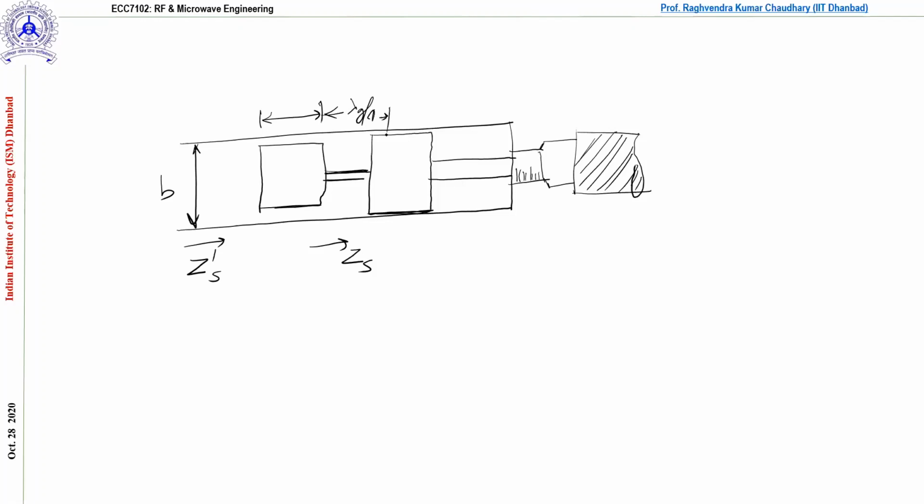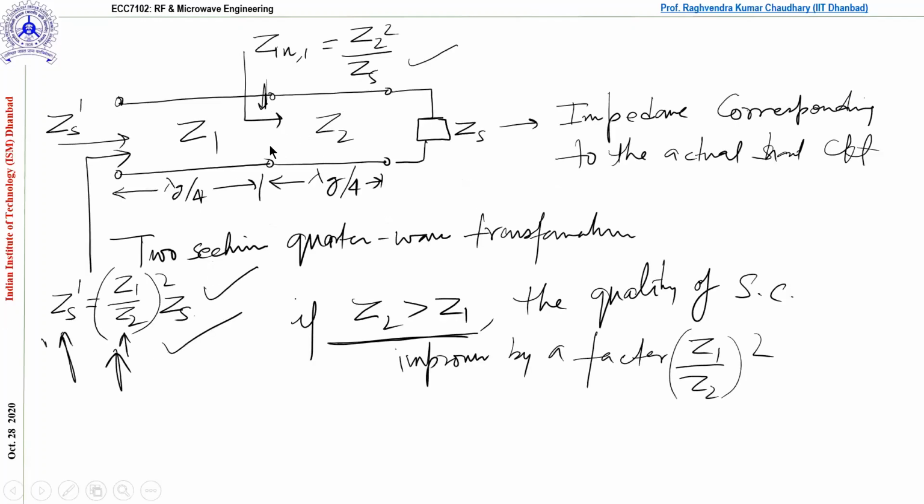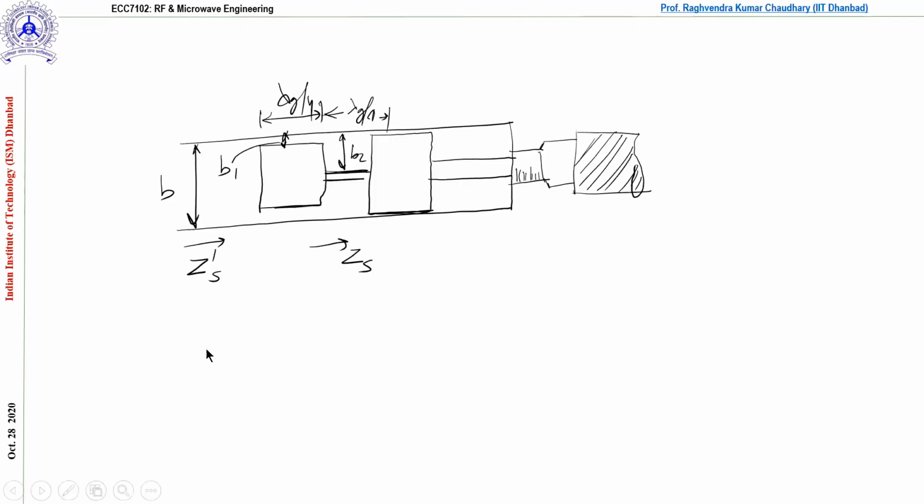This is lambda g by 4, lambda g by 4, what we have seen in the previous circuit as well. And this is B2, and this gap is B1. So this is almost the same situation that we have seen here: lambda g by 4, lambda g by 4.